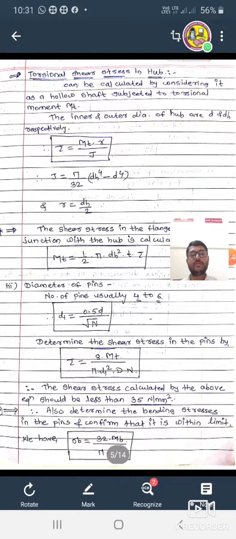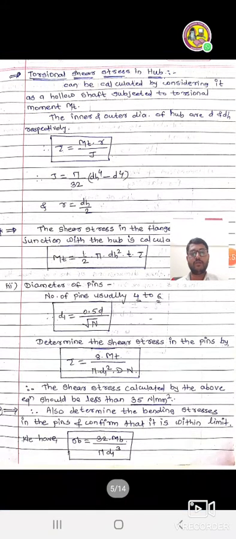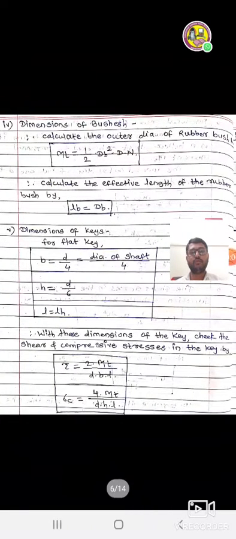The shear stress calculated by the above equation should be less than 35 Newton per mm square, this is a standard proportion for shear stress. Also determine the bending stresses in the pins and confirm whether it is within limit or not. We have bending stress equal to 32 MB upon pi d1 cube.